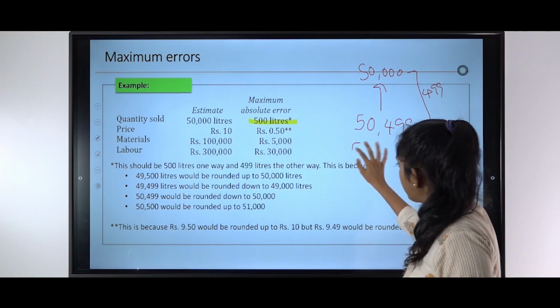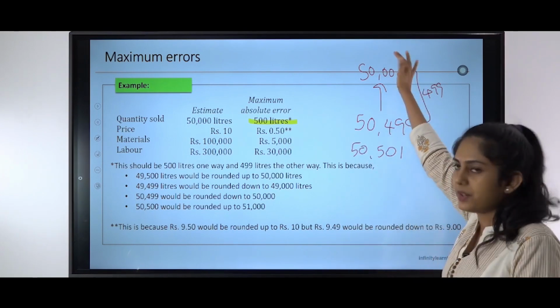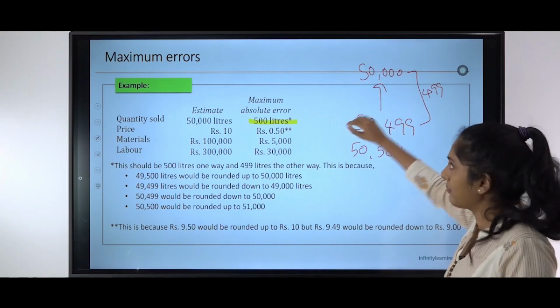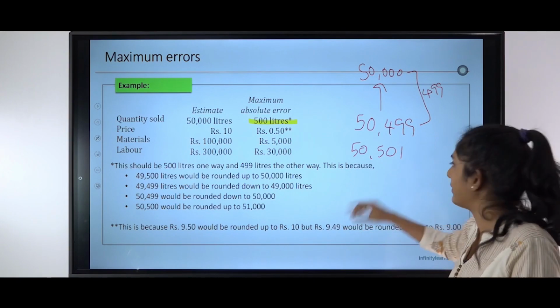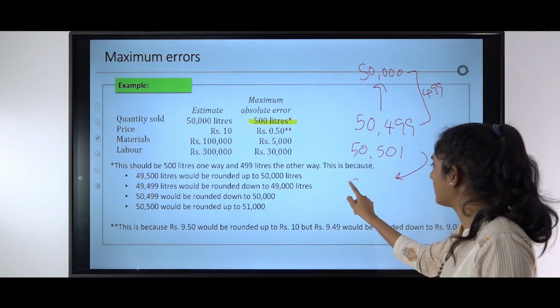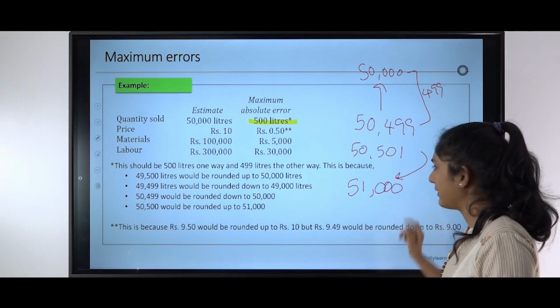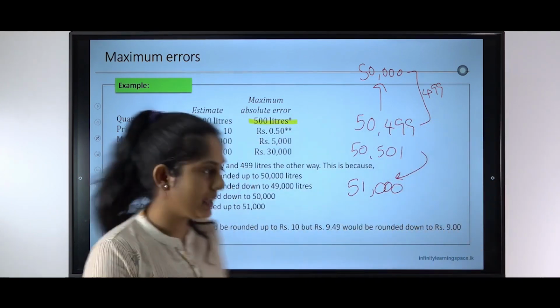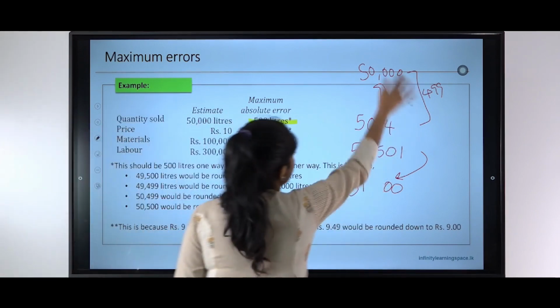If this was even 50,501, we won't round it to 50,000, because it's 1 unit above 500, it will automatically go to 51,000. So remember, even if it's 1 unit away, it's going to go to the next level, alright.